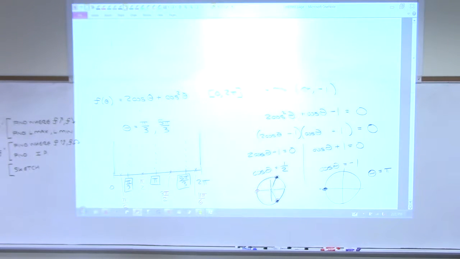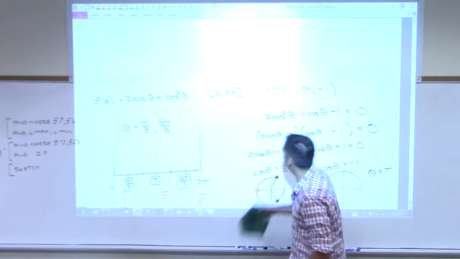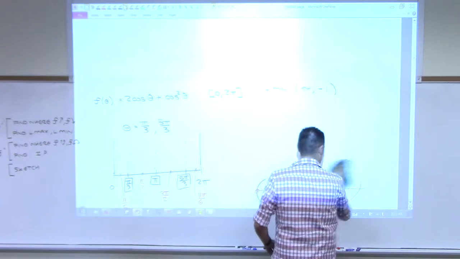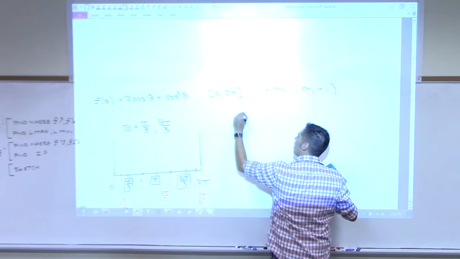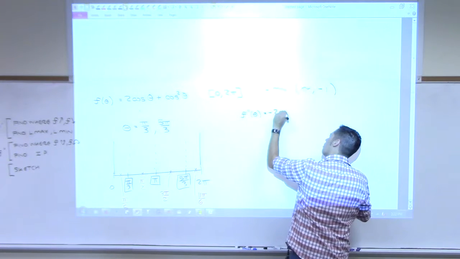And I get to plug all of those into the second derivative. Joy, joy. Which I've completely forgotten what it was, and I've erased it. So f double prime theta was -2 cosine theta.